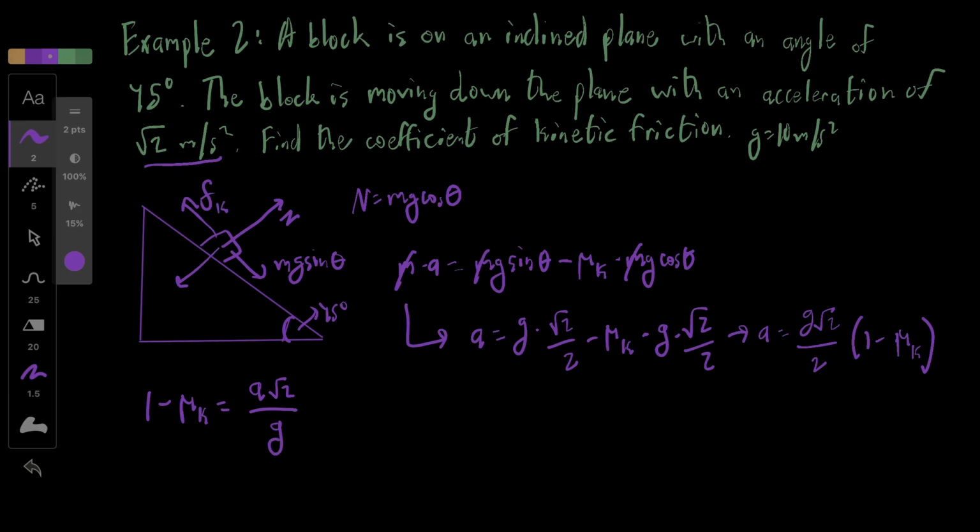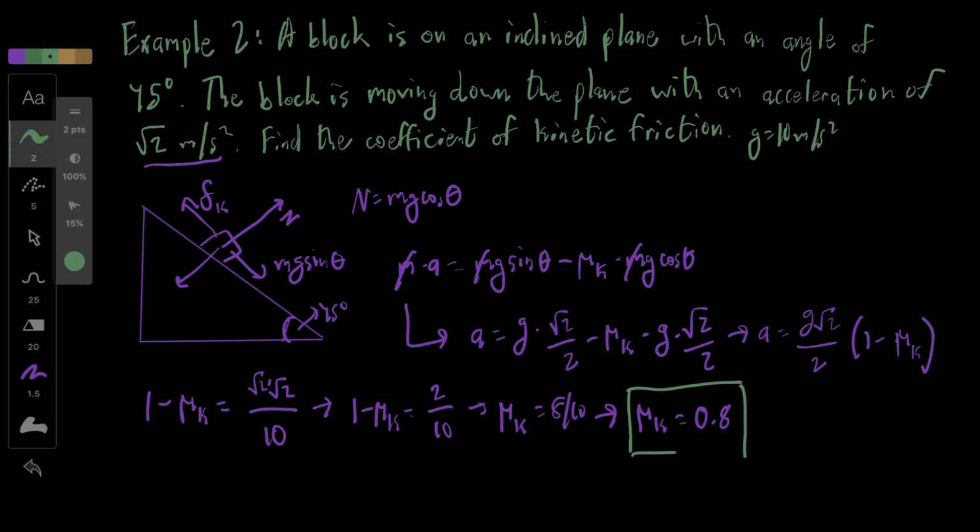Now, since g is equal to 10, and acceleration is equal to the square root of 2, the square root of 2 times root 2 is 2, so we get 1 minus mu k is equal to 2 over 10. Now, if we bring mu k and isolate it, we get mu k is equal to 8 over 10, or the coefficient of kinetic friction is equal to 0.8. So, that is our final answer and the solution to this problem.